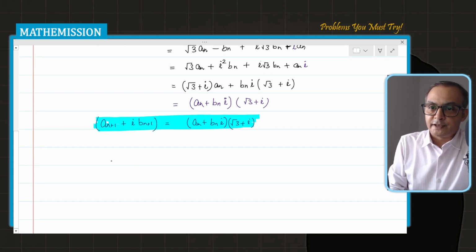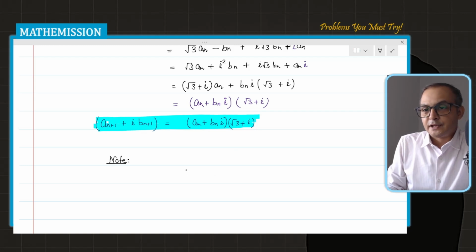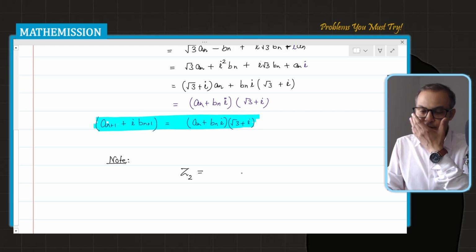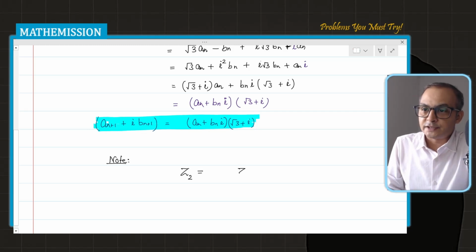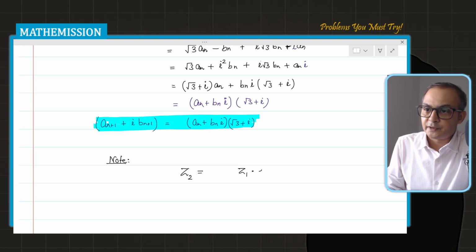Suppose I have this as the note or the concept, whatever you can say. Suppose I have to find z2, and z2 is a complex number which is z1 times e to the power i theta. What is the meaning of this?